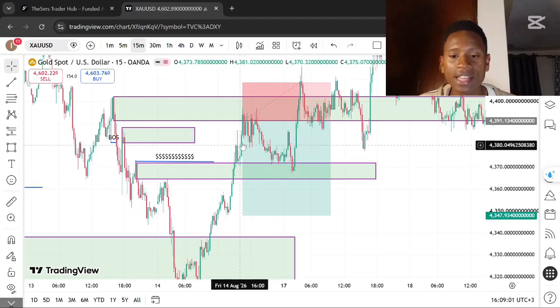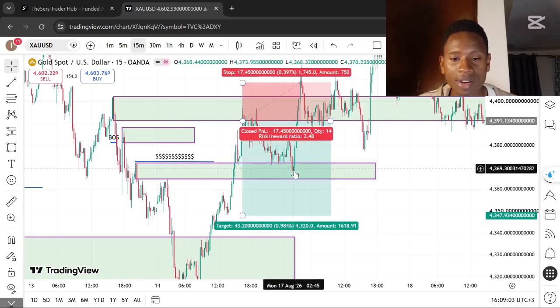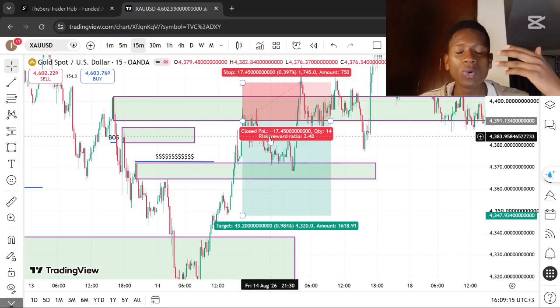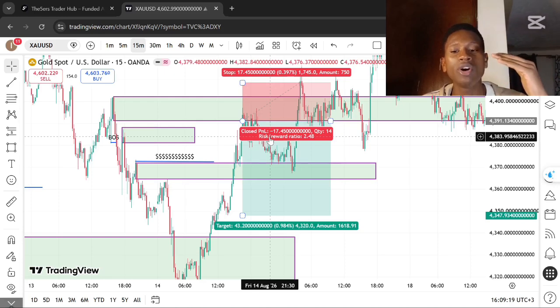It failed. The market pushed to the upside, then came down, then used it as a support. So a failed OB becomes a support or resistance depending on which type of order block you're using. If it's an order block that you are anticipating a sell from, and that order block actually fails, it becomes a support for the market.